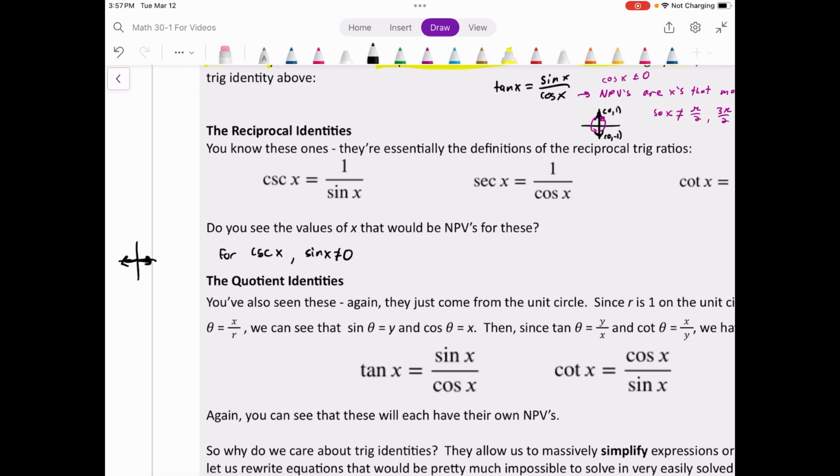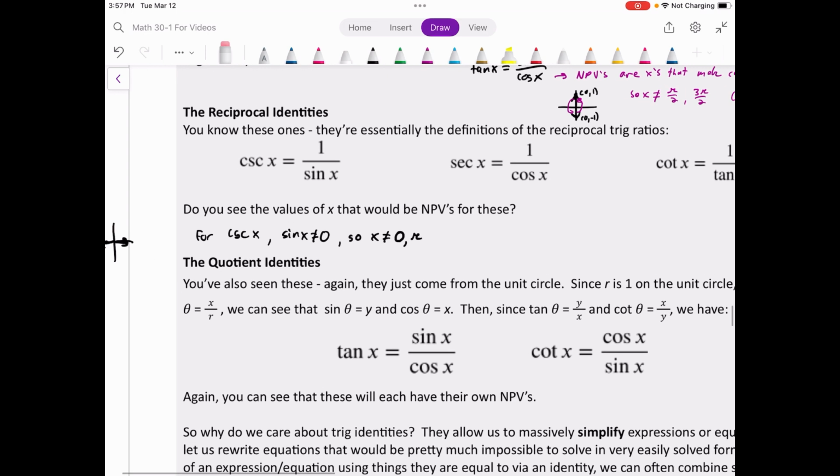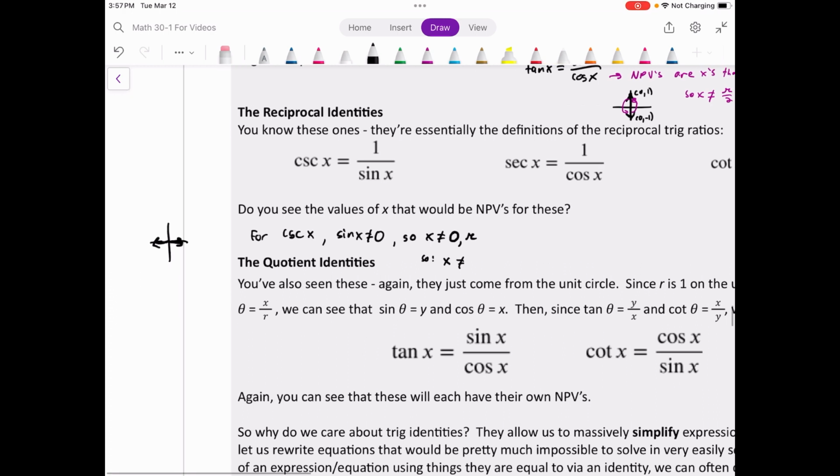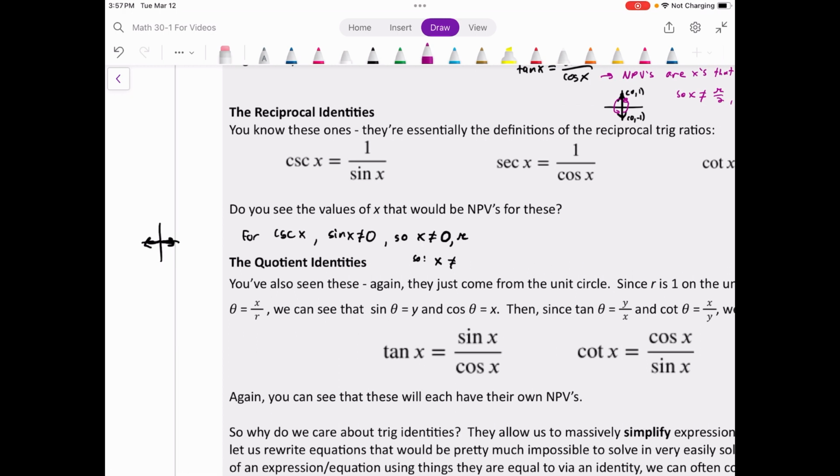Okay, so sine x cannot equal 0, so x cannot equal 0, pi, or anything coterminal to those, right? So to cover all of the NPVs, we could say x cannot equal, well, once again, they're separated by pi. So we can actually combine into one statement again, right?